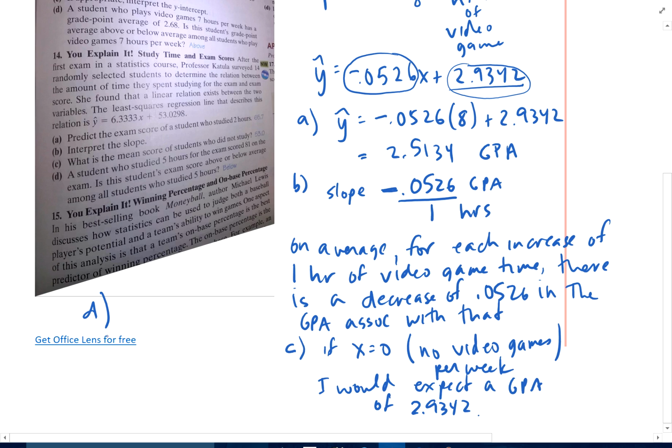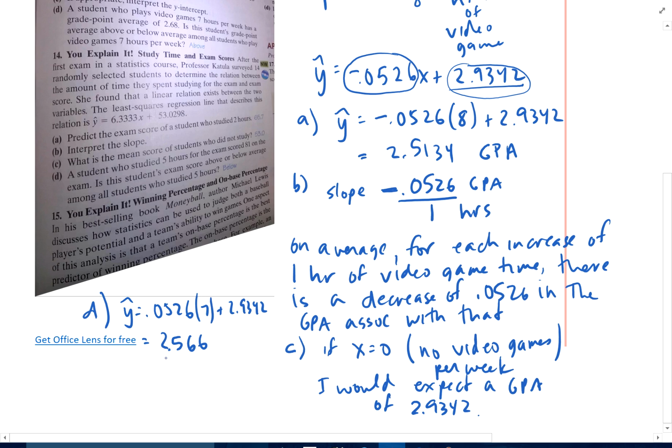Well, what are we going to predict? Y hat is negative 0.0526 times 7 plus 2.9342. So that's going to be, let's do it over here on the side, 2.566.